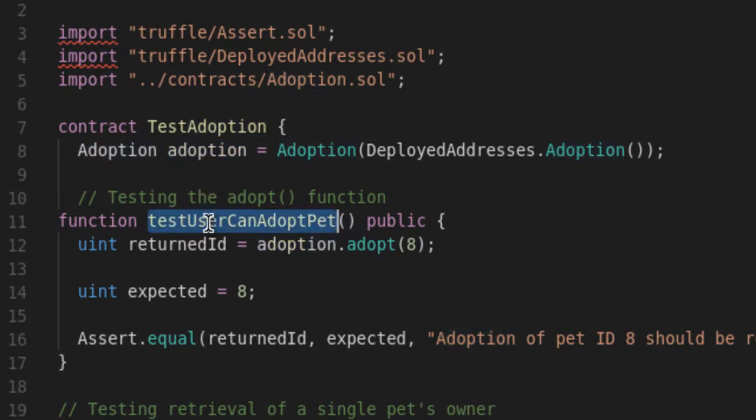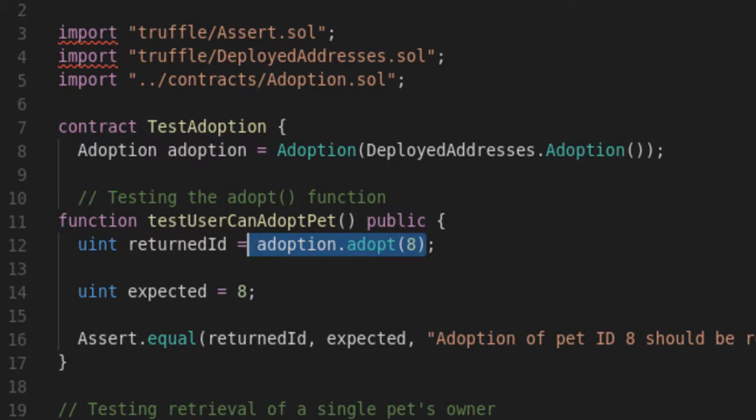Then we are creating the first test case. This test case is for checking whether a user can adopt a pet. In our contract we put the logic that a user can adopt a maximum of 16 pets. In this test case, we are going to get the ID of the adoption variable.